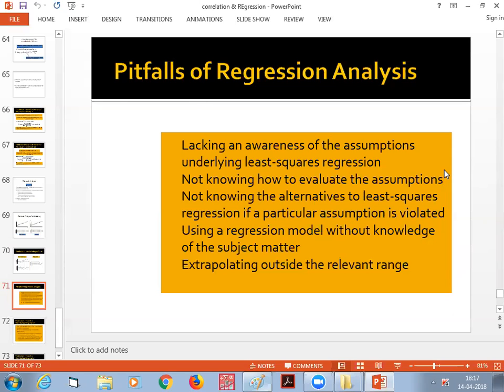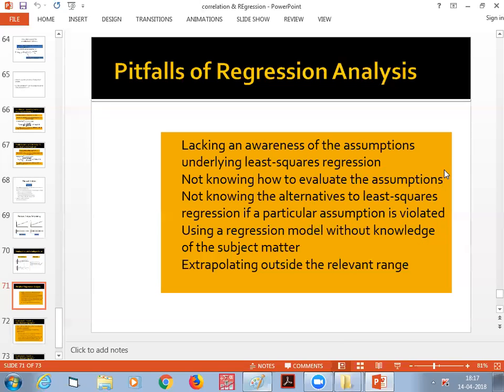Beta 1 and beta 2 are the slope values. For a 1 unit change in the x1 variable, how much change can you expect in the dependent variable y? Similarly, for a unit change in the x2 variable, how much change in y? So we need to estimate beta naught, beta 1, beta 2, etc.